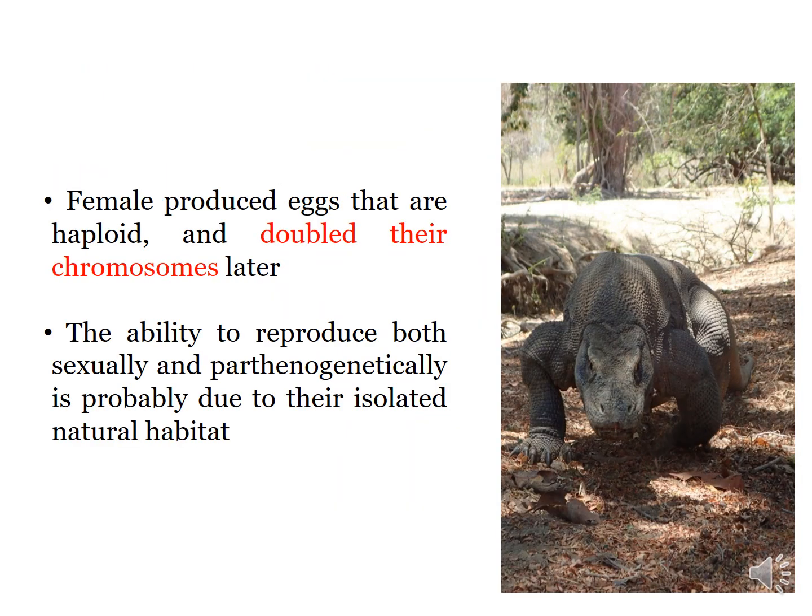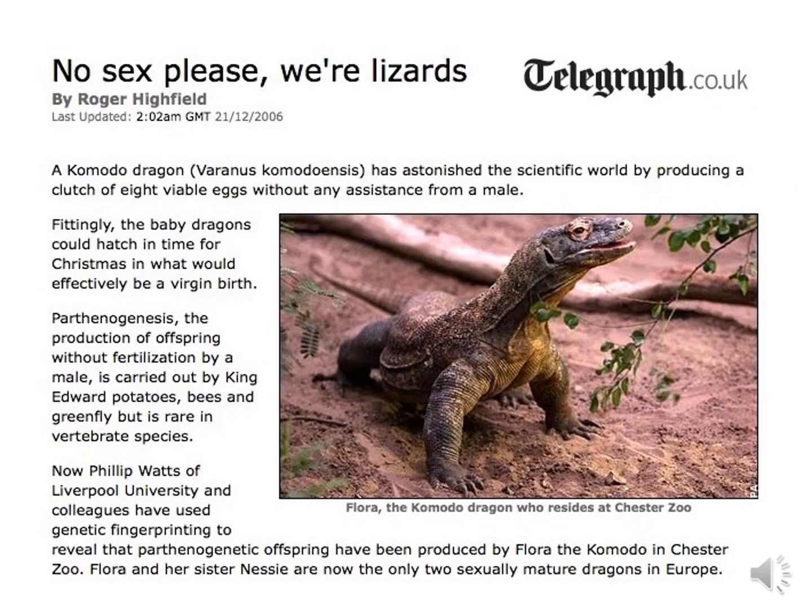Eggs that are produced by the females are haploid and the chromosome number is doubled. Komodo dragons primarily reproduce sexually, yet perhaps due to factors such as being isolated in their natural habitat, they may reproduce by parthenogenesis as well. Here's a short write-up of these Komodo dragons.